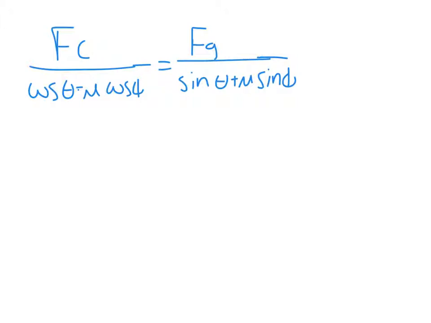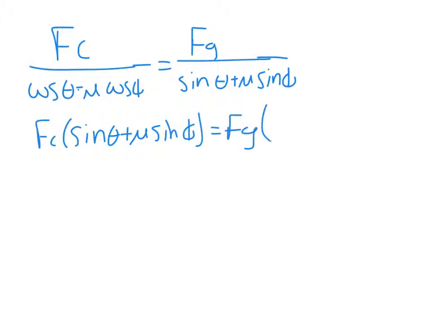So cross multiplying, we get Fc times sine theta plus mu sine phi equals Fg times cosine theta minus mu cosine phi. I want to get all of the sines and cosines on the same side, so I'm just going to divide.